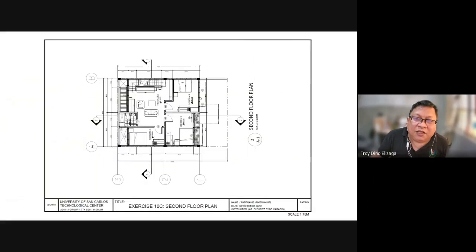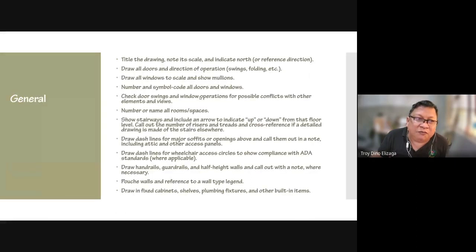Okay, so anyway, before we go to that, let's just review a checklist, okay? For general, you need to title the drawing, note its scale, and indicate the north. Okay, we mentioned that.